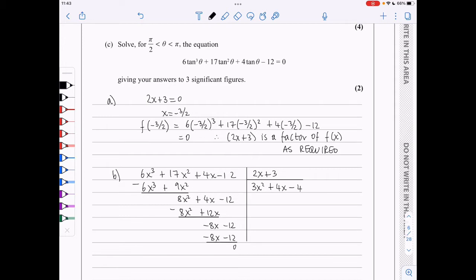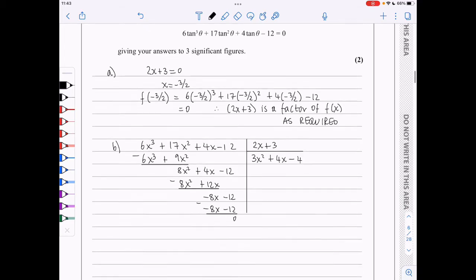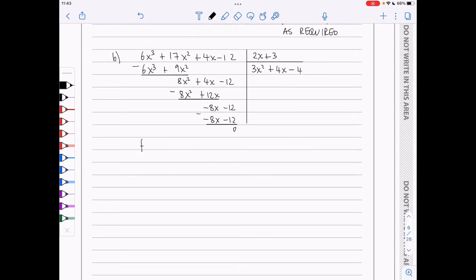A result of 0 as expected, a remainder of 0, which means at the moment I can write f of x as 2x plus 3 brackets 3x squared plus 4x minus 4. Obviously, I need to go a step further and express this as 3 linear factors. This obviously factorizes further into 2x plus 3, and we've got 3x minus 2, x plus 2.